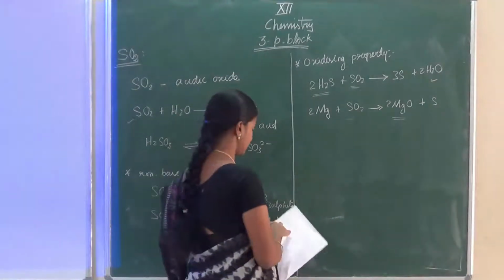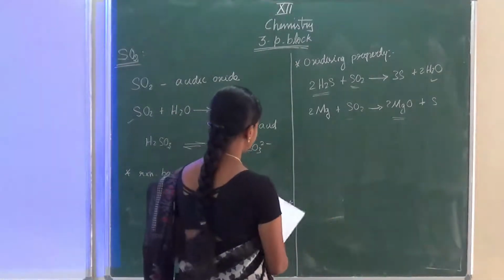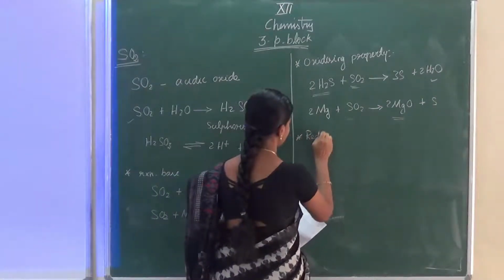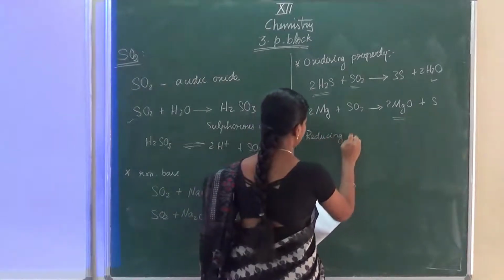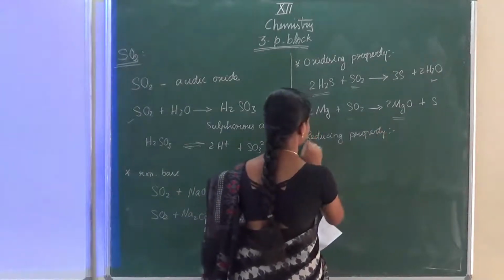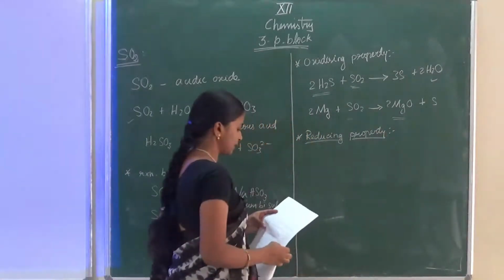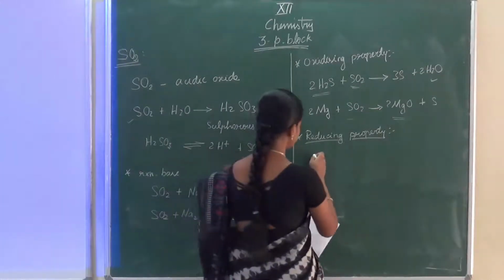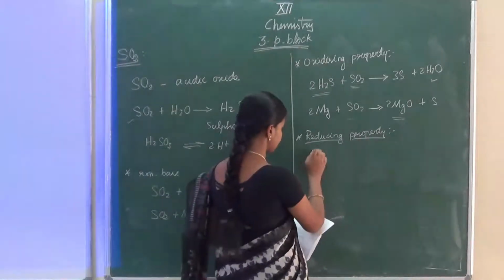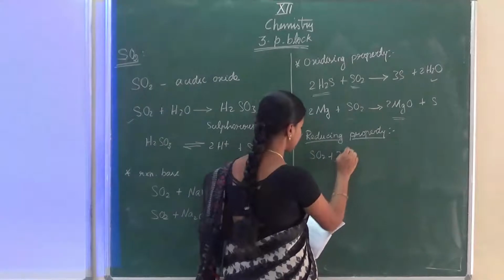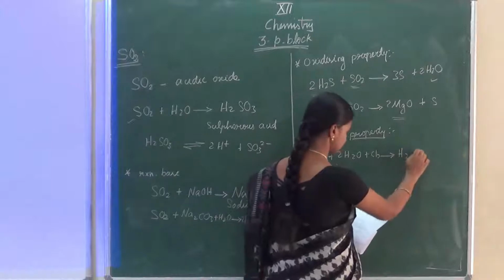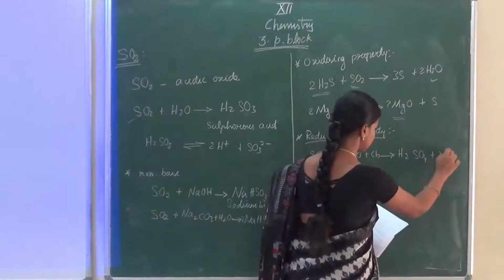The next property here, reducing property. This SO2 can reduce chlorine into chloride. One example: SO2 plus H2O plus Cl2 reacts and produces H2SO4 plus 2HCl.